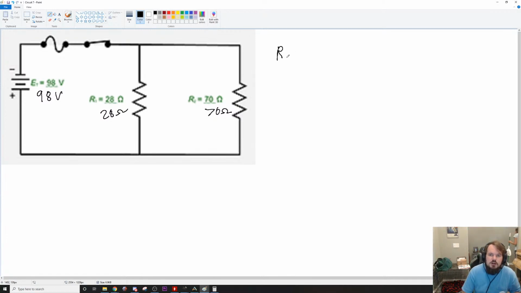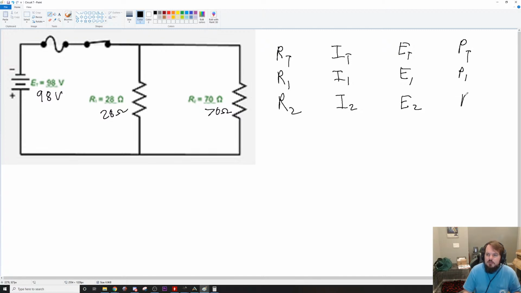We have our total, R1 and R2. I total, I1 and I2. E total, E1, E2, and power total, power 1 and power 2.